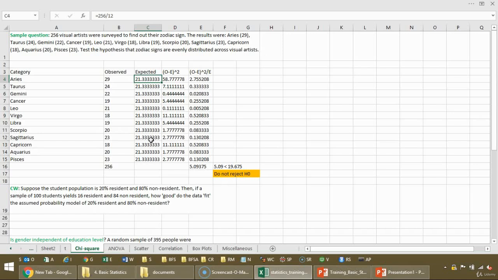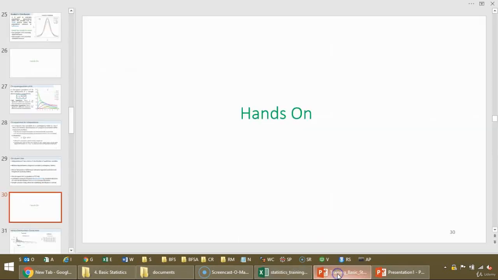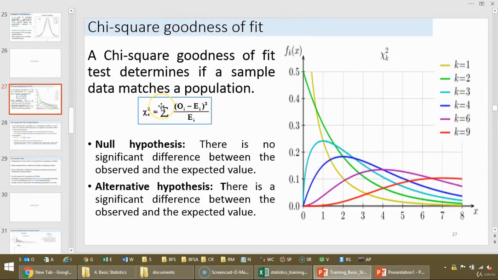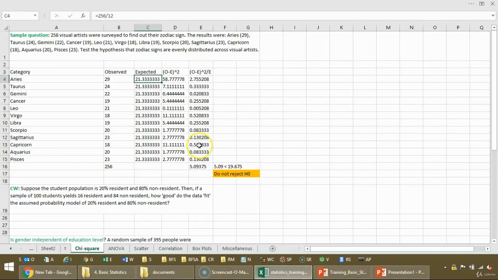Which chi-square are we trying to do here? This one is the test of independence, and this is the goodness of fit. So this is the goodness of fit we are trying to test. Okay. So O, we have got; E is here.